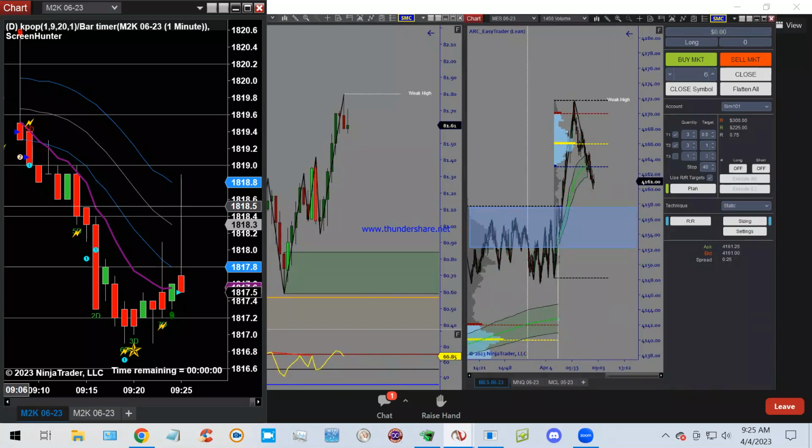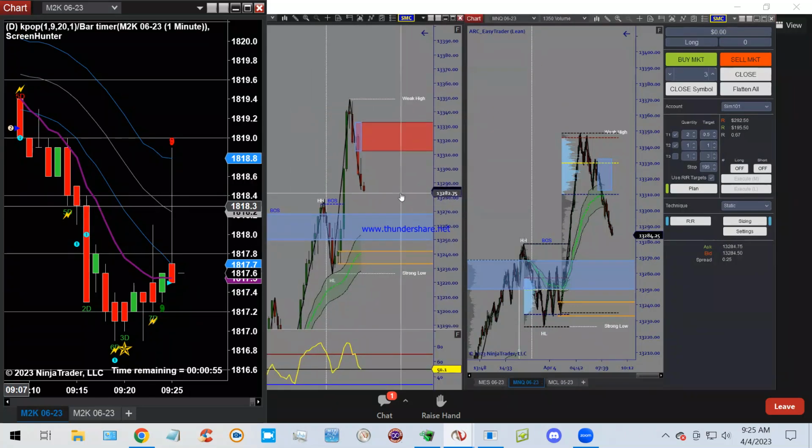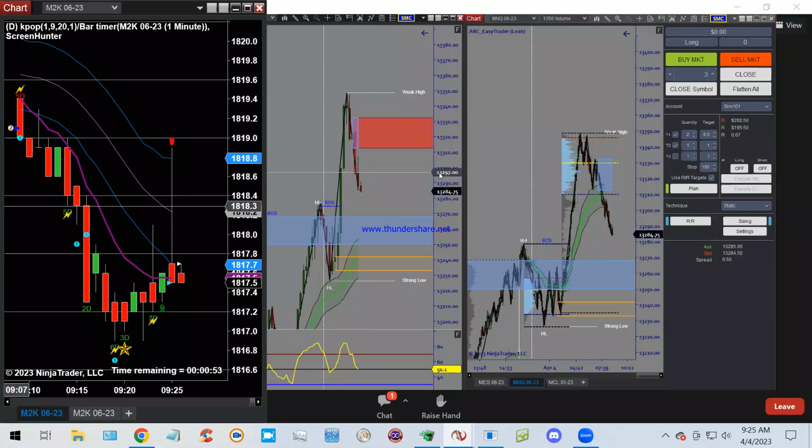Crude's in an uptrend. You want to trade crude long. Got about 5 minutes until the equities open.